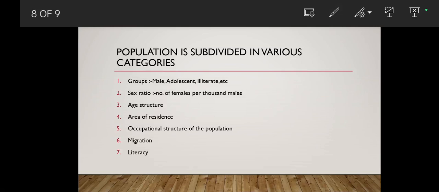Last is literacy. In society, some people are literate and others are illiterate. In our country, a person who can read and write is termed as literate. This definition can vary from one country to another. The percentage of literacy throws light on the quality of the population.